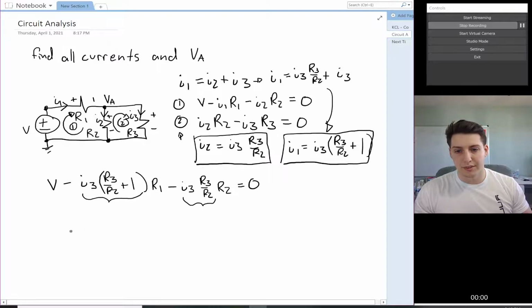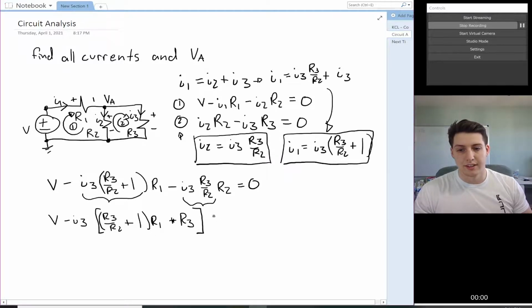So we can simplify that a little bit more and say V minus I3 times (R3 over R2 plus 1) times R1 plus R3, because our minus sign we factored out, equals 0.